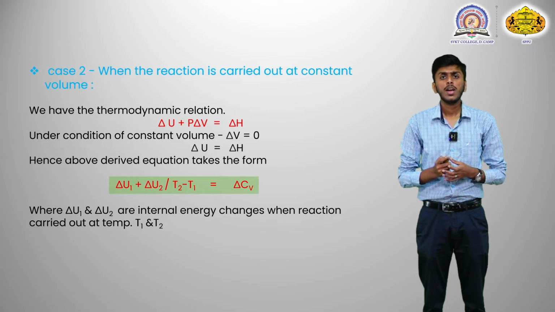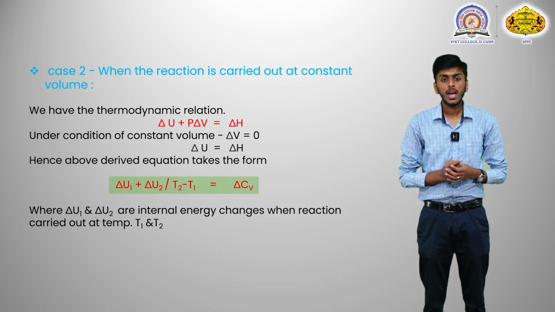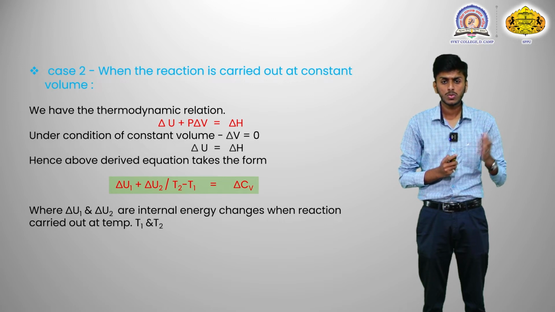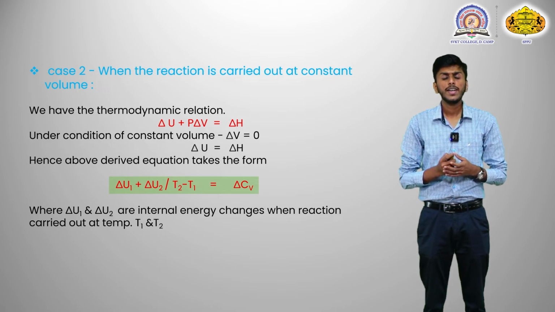Now substituting delta V equals 0 in the above thermodynamic relation, we get delta U equal to delta H. Hence in the equation derived in case 1, we replace delta H with delta U and get the final equation as (delta U2 minus delta U1) divided by (T2 minus T1) equal to delta CV, where delta U1 and delta U2 are the internal energy changes when the reaction is carried out at temperatures T1 and T2 respectively.